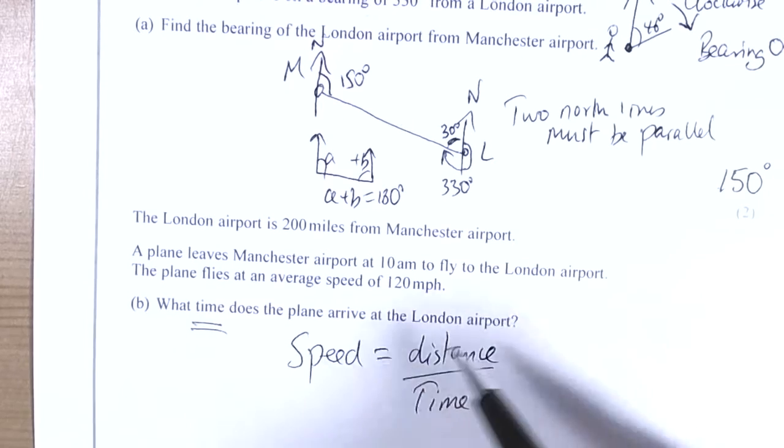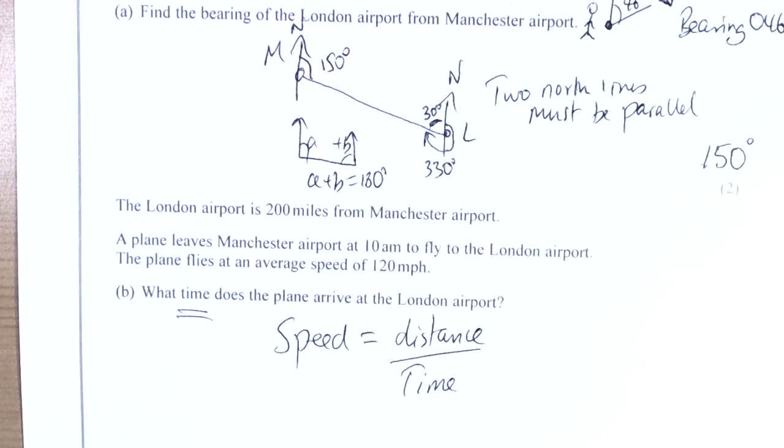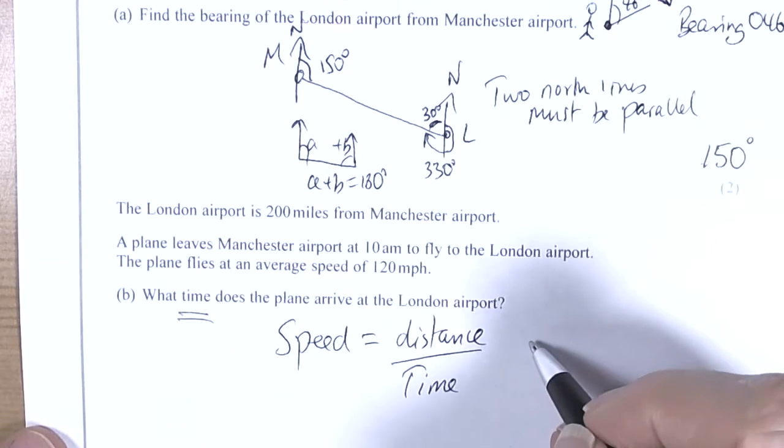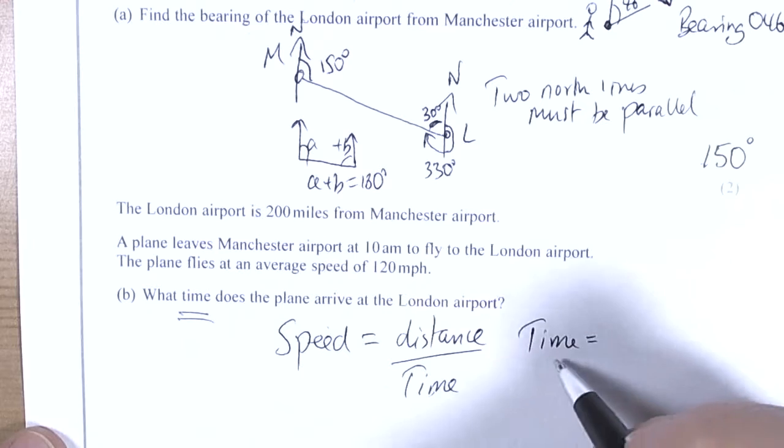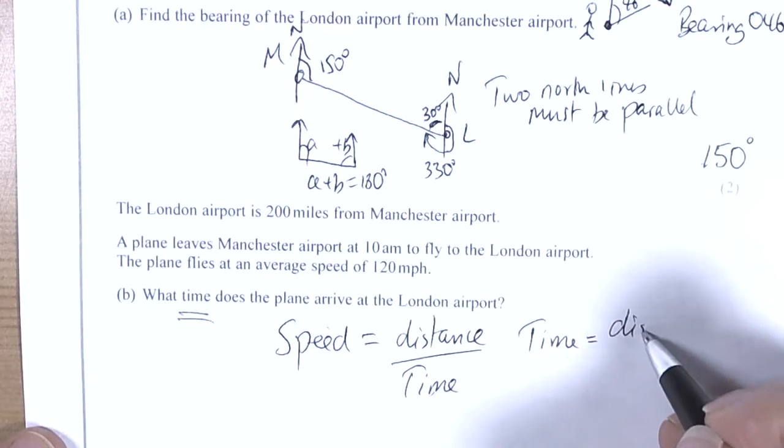This question is talking about time, so we need to change the formula so that we can calculate the time taken. So time is going to equal, well, time's going across, so it'll be distance divided by speed.